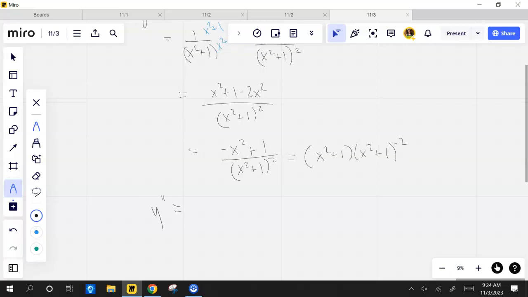Here's where we started losing it. All right, derivative of the first one is 2x times the second one, plus the first one times the derivative of the second. So that would be negative 2 times x squared plus 1 to the negative 3, and then I have to chain it.